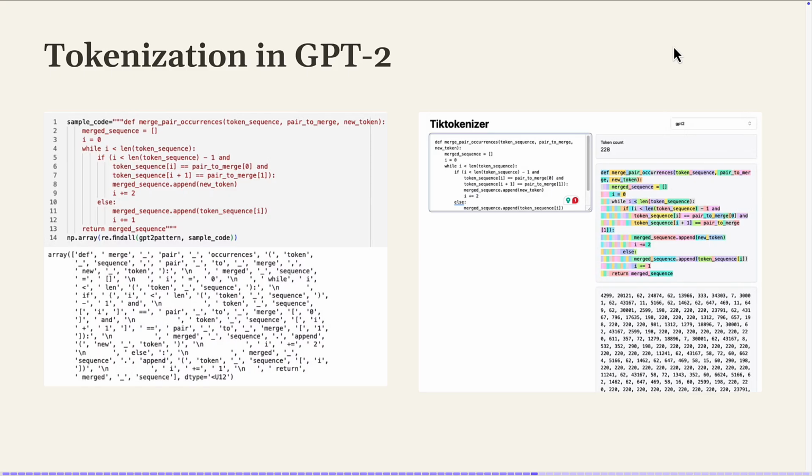And let's look at this example. Here I applied the same filter on a sample code, a Python script. We can observe that this regular expression was able to tokenize this script in a proper way, and it gives the same result in the Tiktokenizer graphical interface.